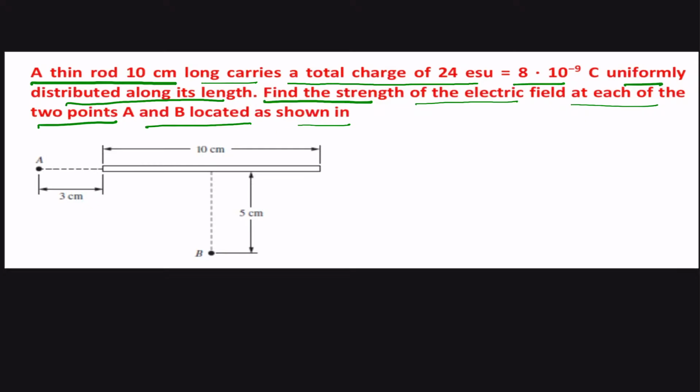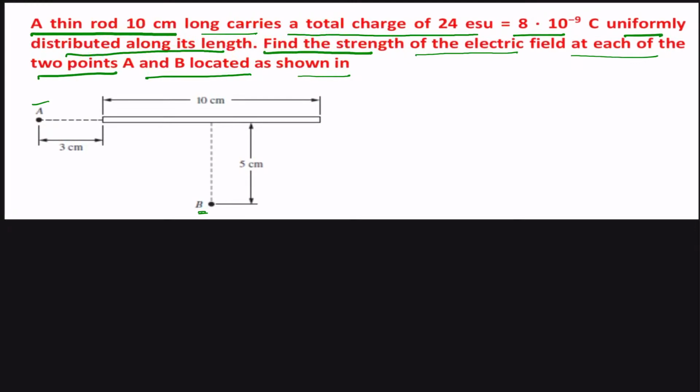and of these 2 points, one is on the axial line, that is B, and point A is along its axis. And for that, let us draw this figure.